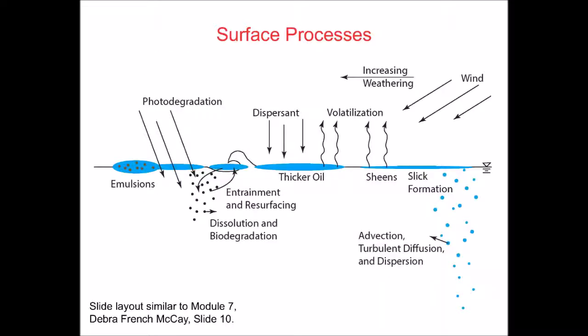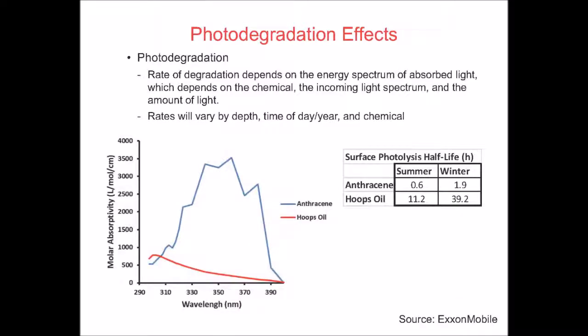So photodegradation can be a very important process for transforming the oil, removing certain compounds like anthracene, but there is not a lot that is known about what these rate constants are and what particular parts of the oil are going to be degraded into what other compounds.